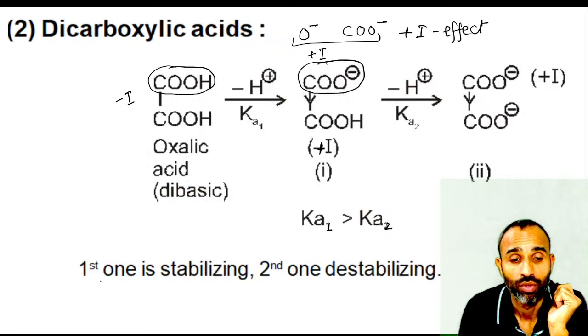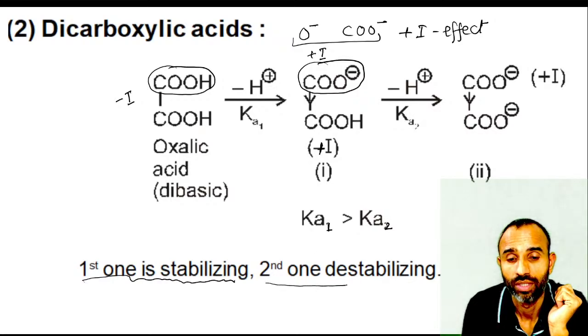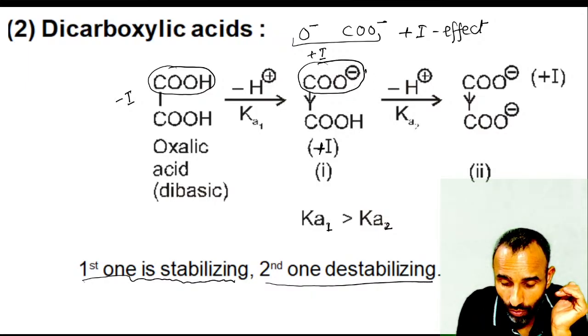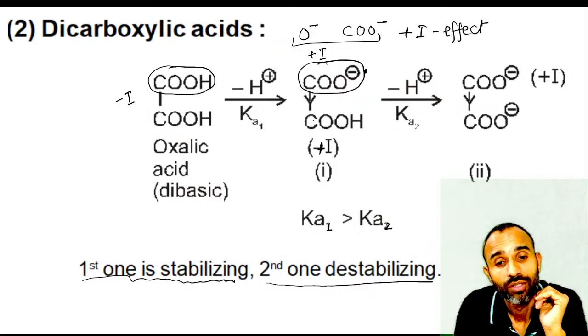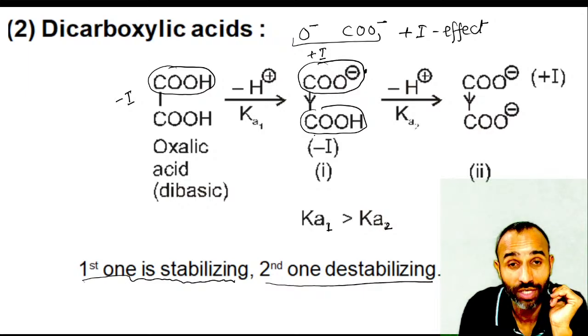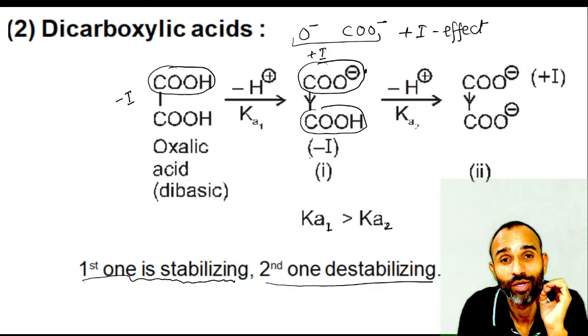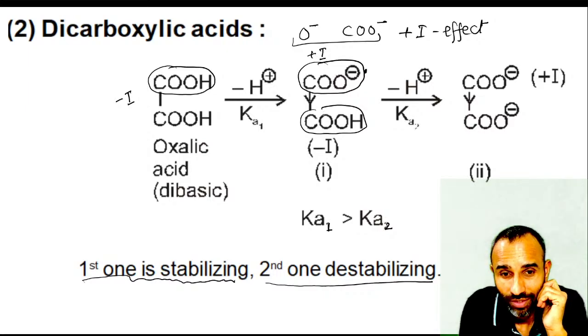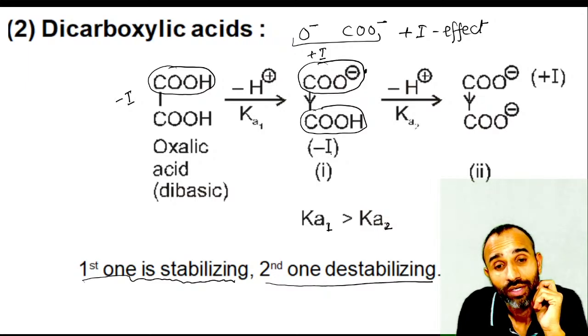That means the first one is stabilizing, the second one is destabilizing, and at the same time when the negative ion is formed, this COOH has minus I effect. Okay, minus I is written about COOH. COO negative has plus I effect, so COOH has minus I, and therefore it stabilizes this anion.